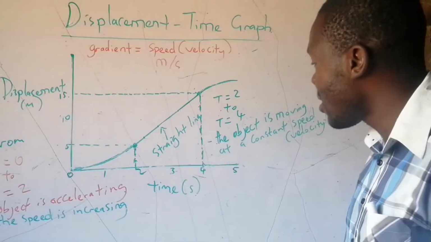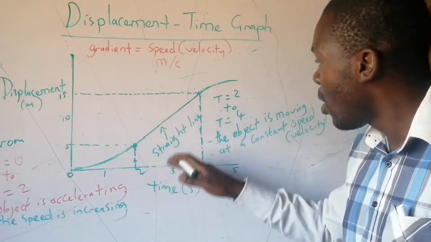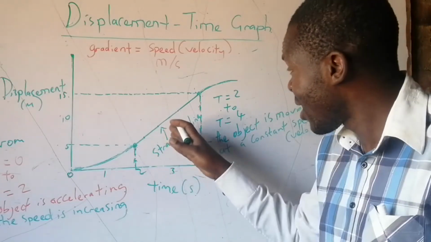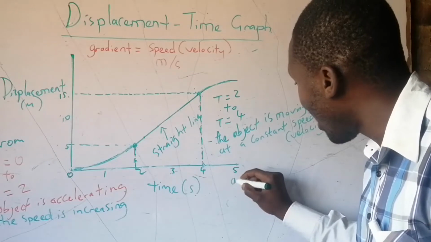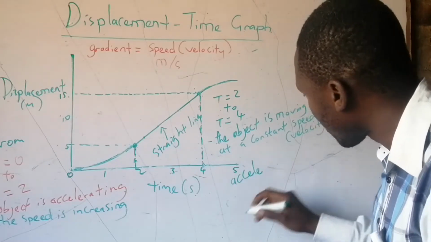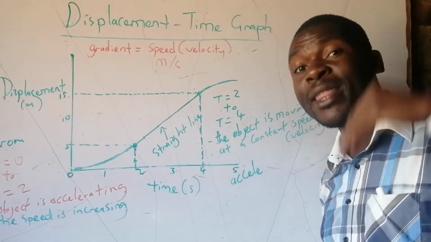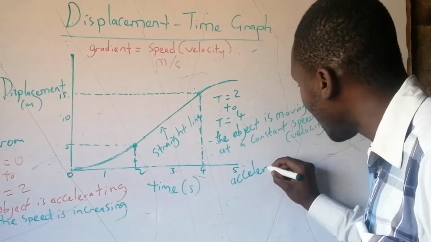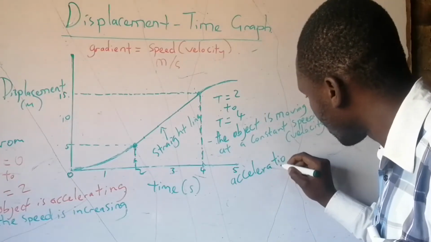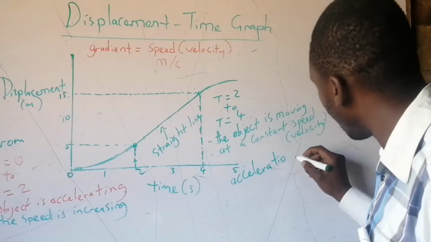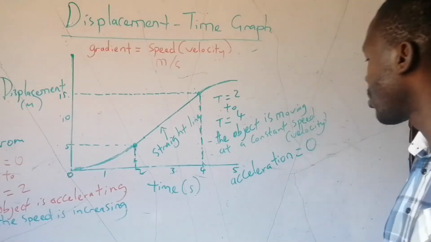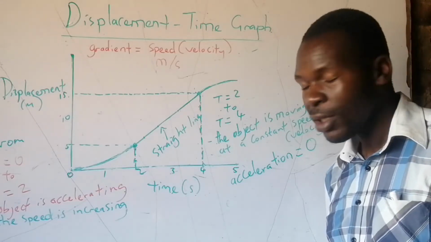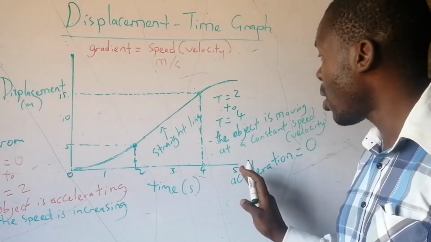Again, in this time interval the gradient is constant, which means the speed is constant. Therefore, when the speed or velocity is constant, acceleration is equal to 0. Please take note of this.